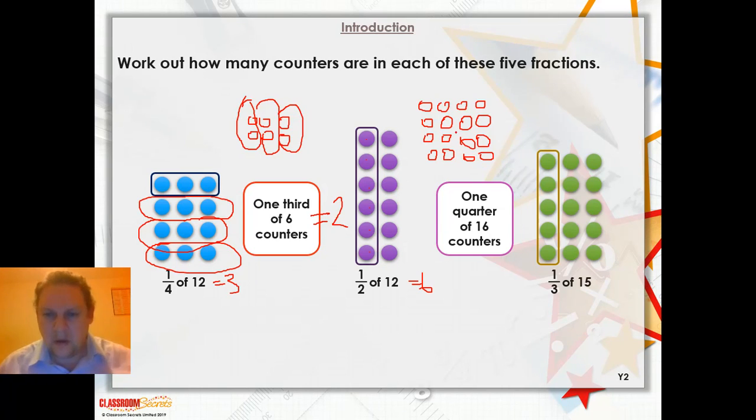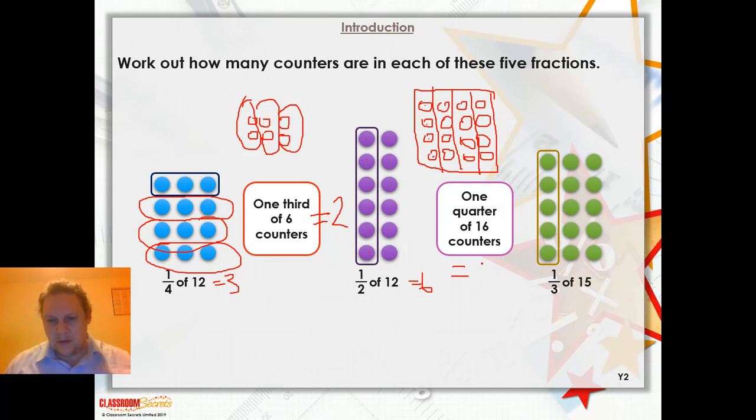Right, we need 4 equal groups. 1, 2, 3, 4 equal groups. How many in each group? 1, 2, 3, 4. There are 4 in each group. So 1/4 of 16 counters equals 4.